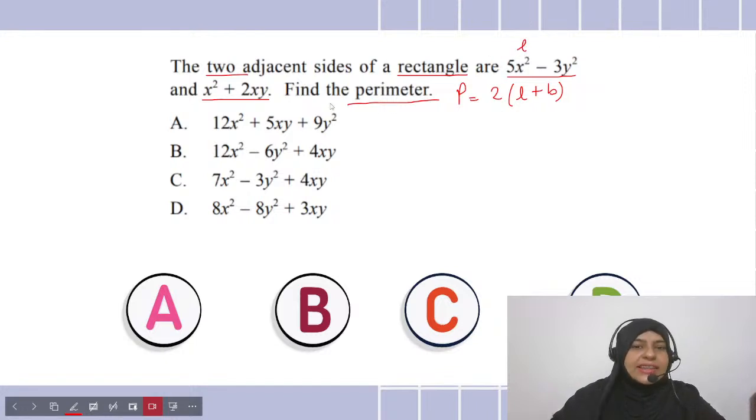Suppose this is your length expression and this is your breadth expression. Apply the formula and find the perimeter, the expression of perimeter. I am waiting for your answers, all of you. Try to solve it.